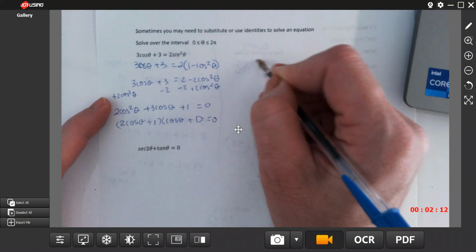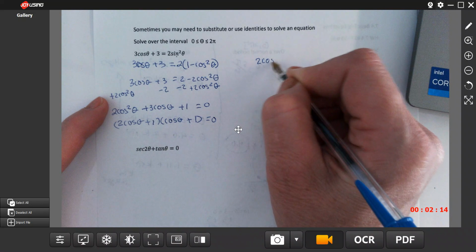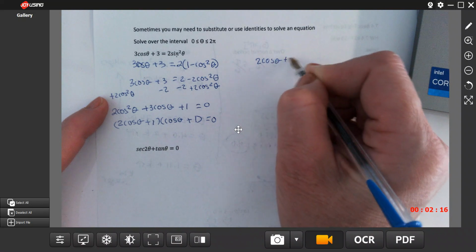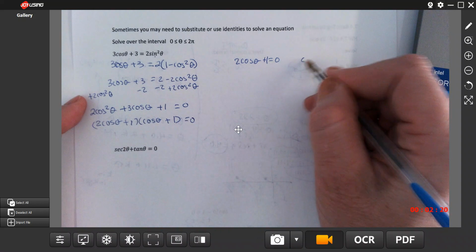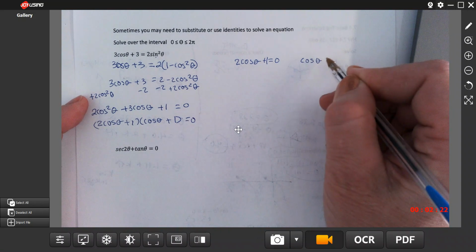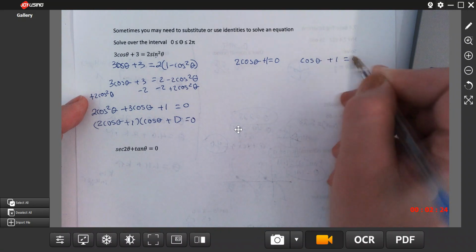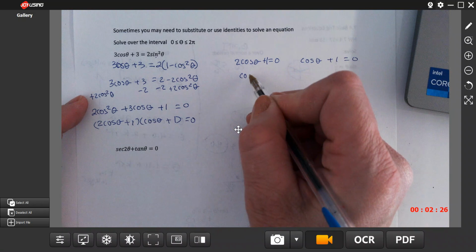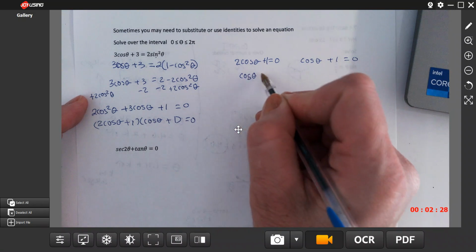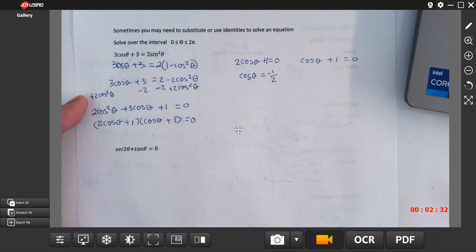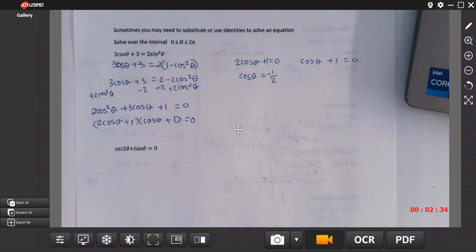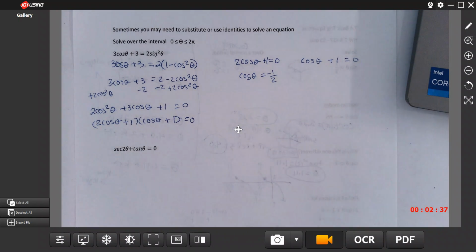So now I use the zero product property and set each factor equal to 0. I'll do this one first. So subtract 1, divide by 2, cosine theta equals negative 1/2. I sort of have a feeling that we did this exact one before.